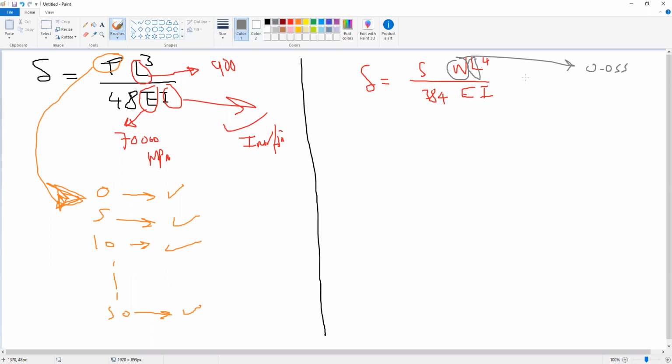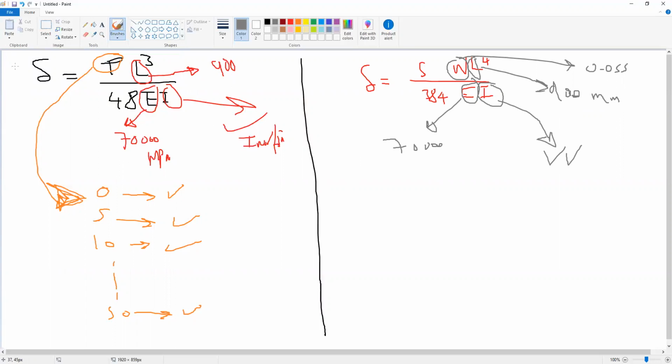L is the span, and it's given 900, or you measured it, 900 millimeter. E is the Young's modulus for aluminium, 70,000. And I is the inertia for the beam, which you already calculated.